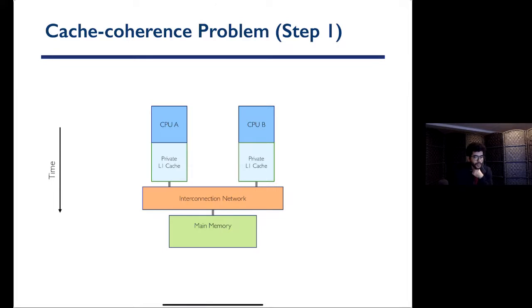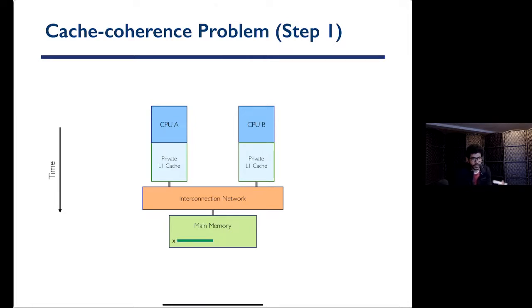So here is the example. I assume that there is only one level of private caches. There could be multiple levels of private caches, but in this example, CPU A has its own private cache, CPU B has its own private cache, and then I'm connecting them directly afterwards to memory. So I don't put any shared cache. Let's run the example.